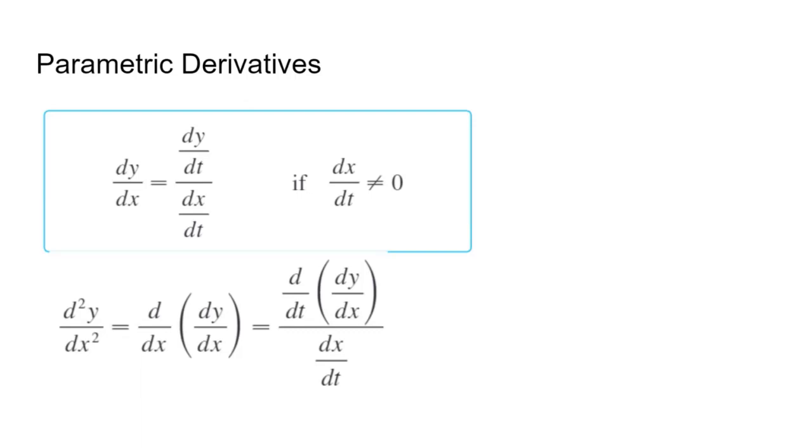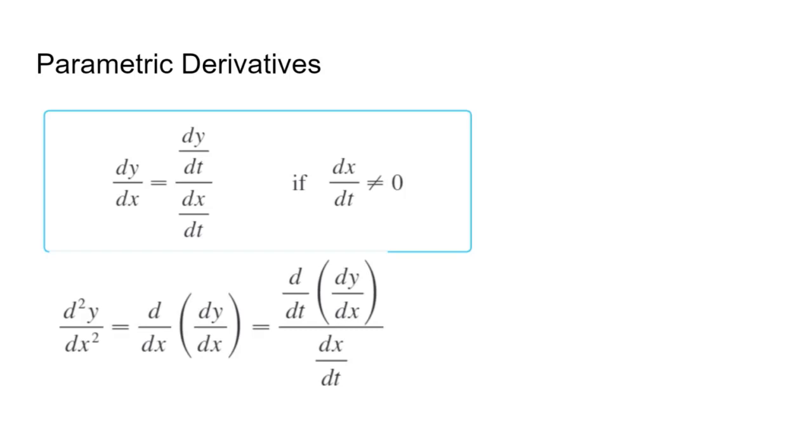If dx/dt were 0, then we would be dividing by 0. It turns out when dx/dt is 0, that's actually a vertical tangent line, which is possible now with parametrics. Think about functions where y is a function of x.